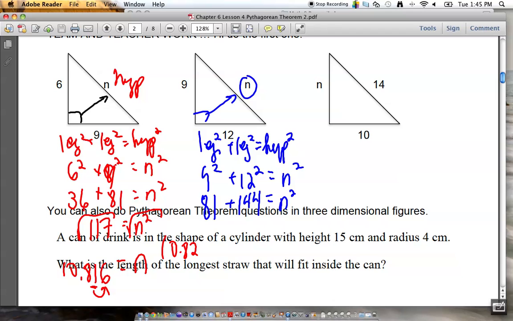Same side. Add them up, 225 equals n squared. Square root. Square root of 225 is 15. So n is equal to 15. Right? So, sometimes it's a whole number, sometimes it's a decimal. There are no guarantees. Okay, now let's take a look at this one.